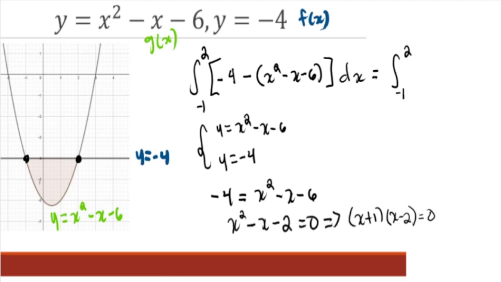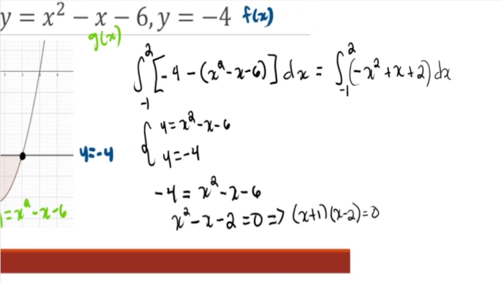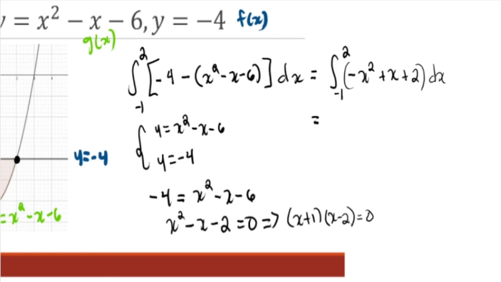So simplify natin itong part na to. So we have negative x squared plus x plus 2 dx. Okay, solving this one will give us negative x cubed over 3 plus x squared over 2 plus 2x.